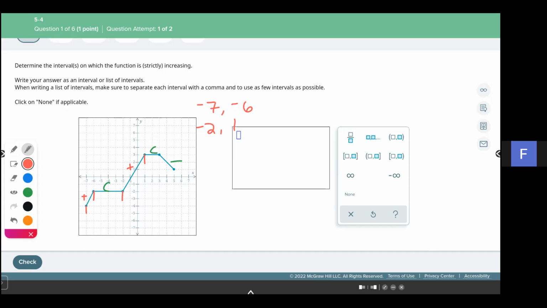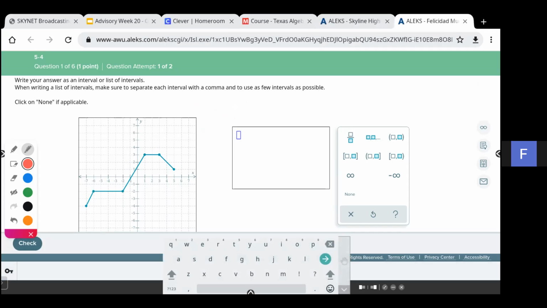I'm going to turn off the annotate. I'm going to go ahead with parentheses, and we're going to start with -7 and go to -6. I'm going to lower that volume.